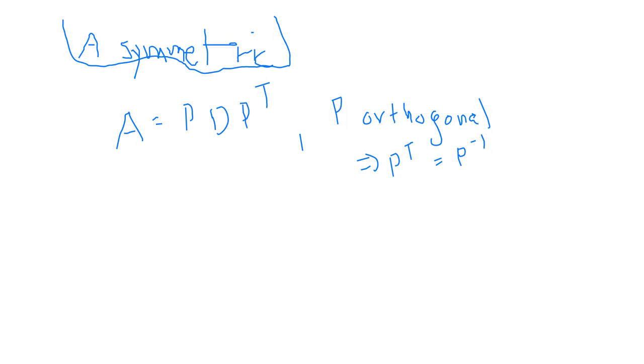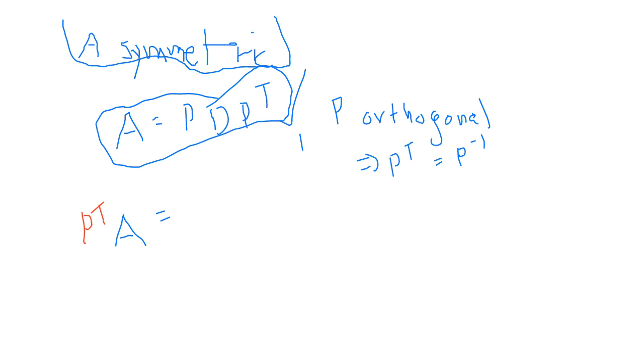But then what would P transpose times AP equal? Well, what we can do here is multiply on the left side of that matrix equation by P transpose.